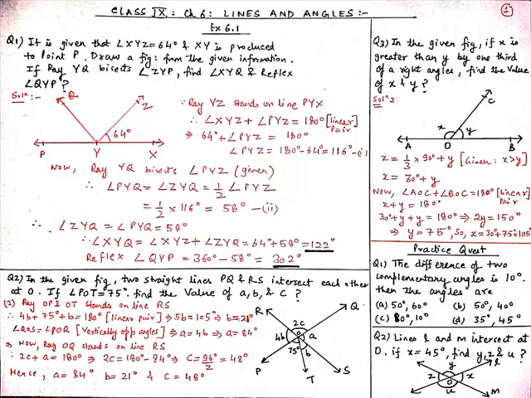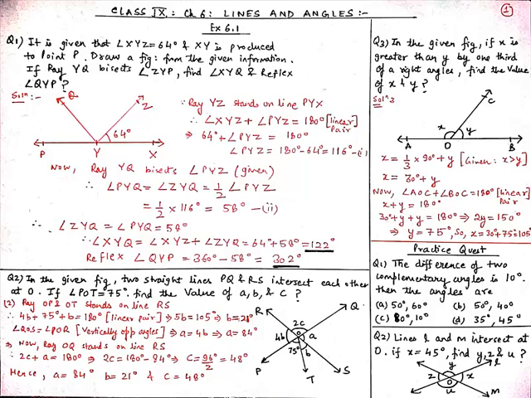So from here we get half of 116 degrees which is equal to 58 degrees. And now the value of angle ZYQ and angle PYQ is equal to 58 degrees. The value of angle XYQ will be equal to angle XYZ plus angle ZYQ. And we know the value of angle ZYQ is 58 degrees. So from here we get angle XYQ which is equal to 122 degrees.